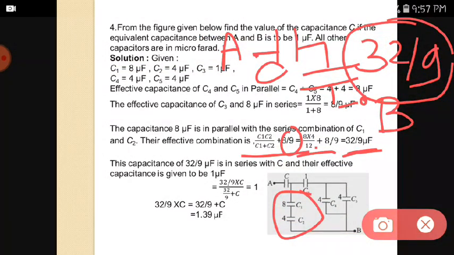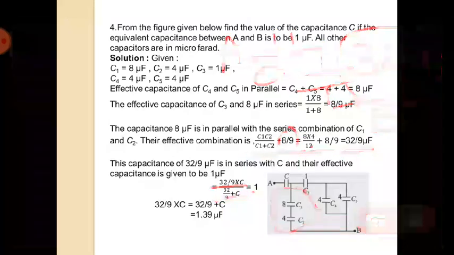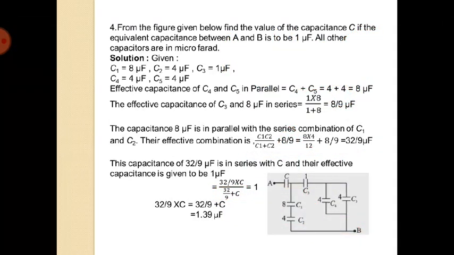It is 1 mu F, because it is given. So it is in series: 32 by 9 into C divided by 32 by 9 plus C is equal to 1 mu F.